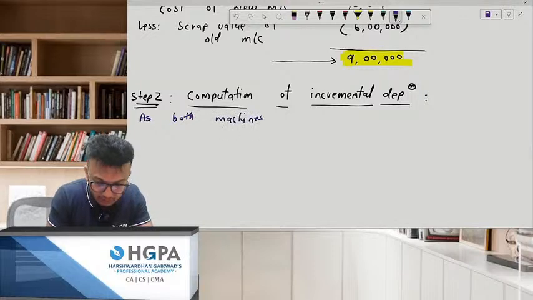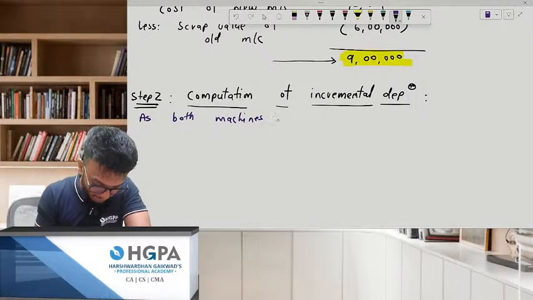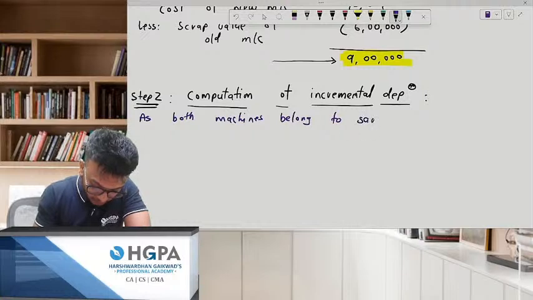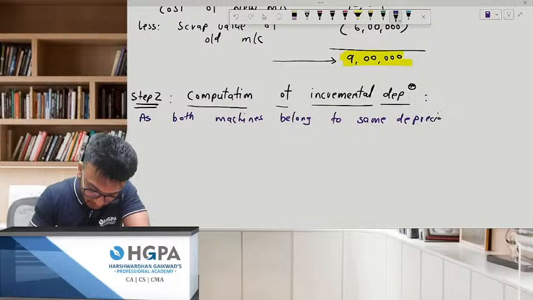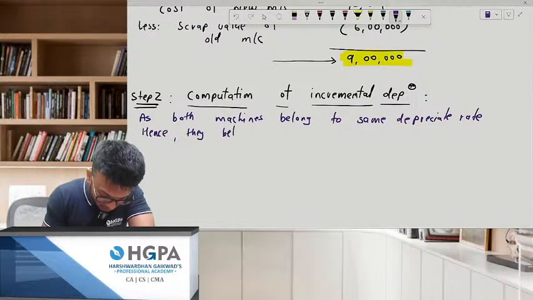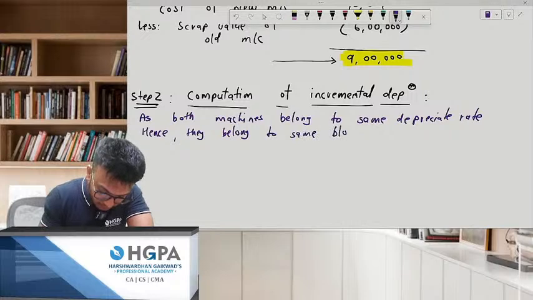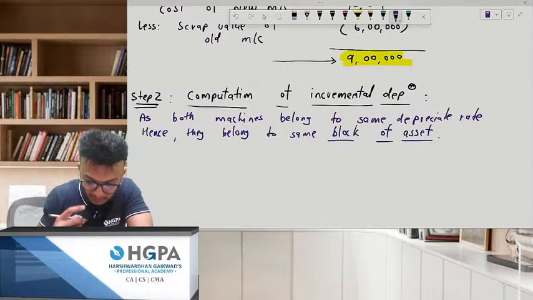As both the machines belong to same depreciation rate, hence they belong to same block of asset.